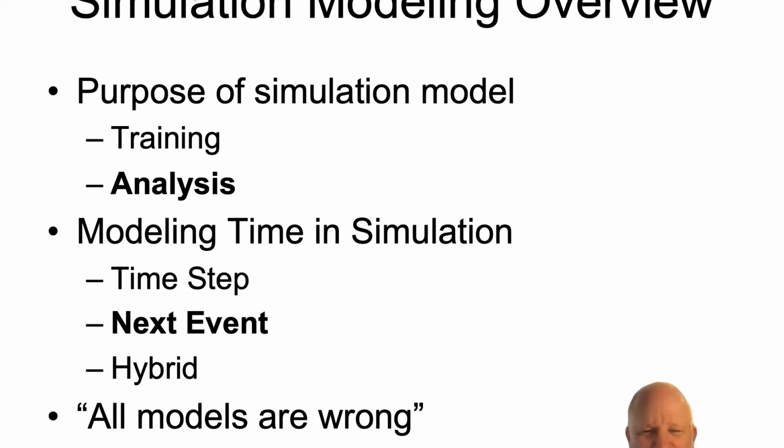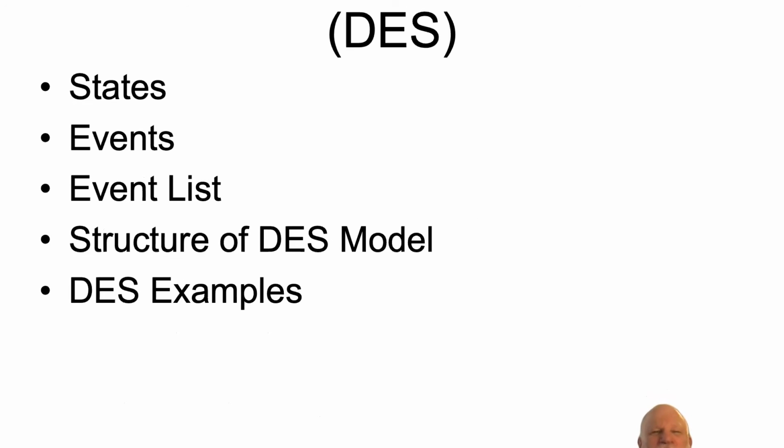All right. So that's where discrete event simulation fits in. It is typically used for analysis, meaning that we have a system or a proposed system and we want to find out something about it. And we will be using something called the next event time advance model. So what goes into a discrete event simulation?